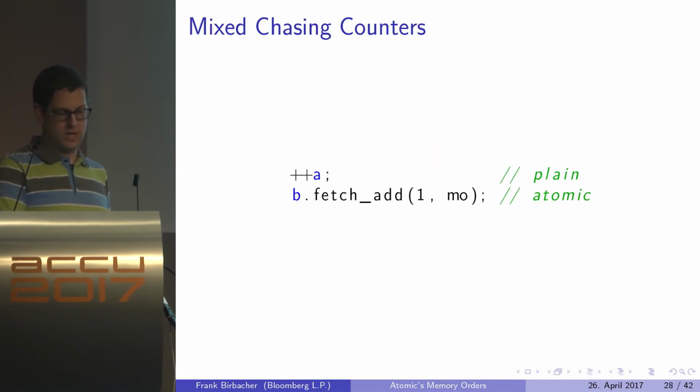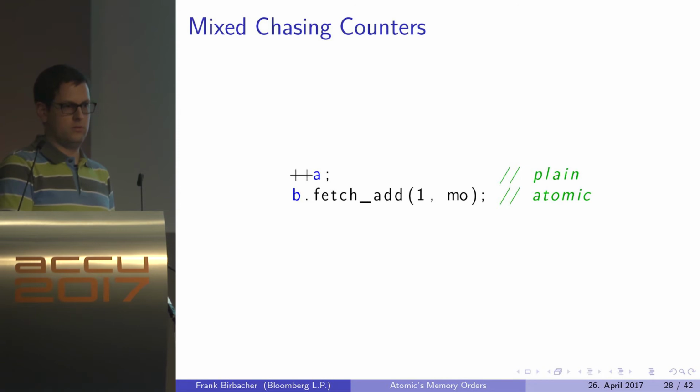And now we apply the memory order to a revised example. So we have the chasing counters again, but we're going to drop one of the atomics. So we are going to mix a plain integer A with an atomic integer B. And we want the increment of A to become visible when incrementing B, right?